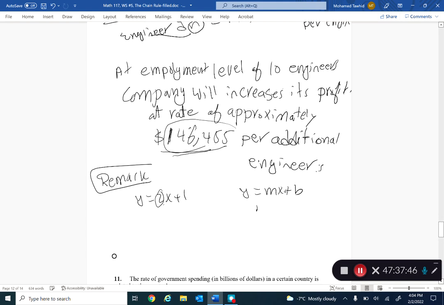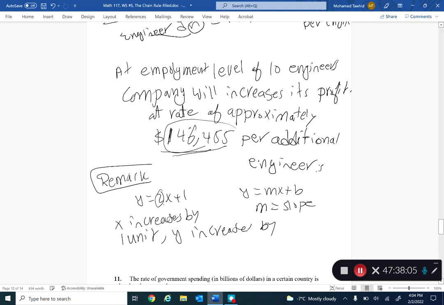Your m here is the slope, right? When x increases by 1 unit, your y is going to increase by how many units? Your y increases by 2 units. That is your slope. The slope is positive 2, so your y increases by 2 units, right?